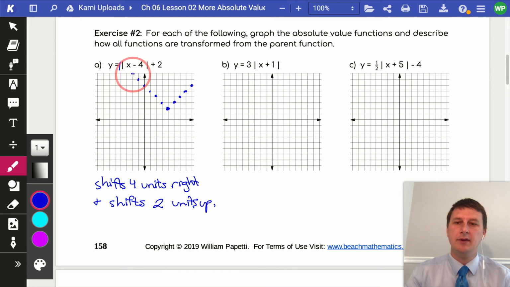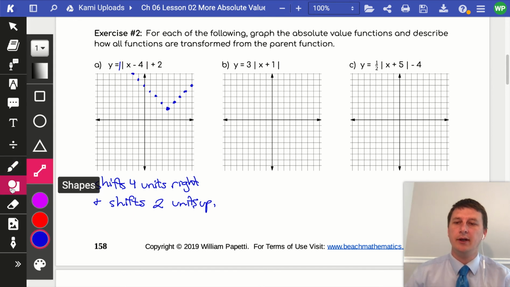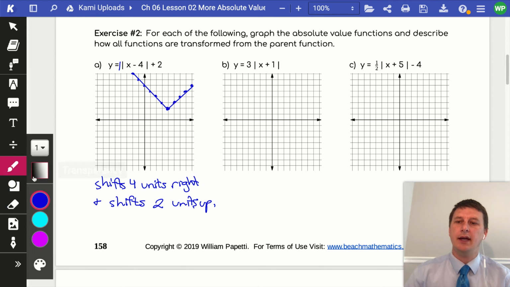We could do that for all of the points that fit on a coordinate plane. Once we do that, we connect these with nice straight lines to make that V-shaped absolute value graph. And if you didn't go to the edge of your graph, make sure you draw arrows on the ends of those lines.